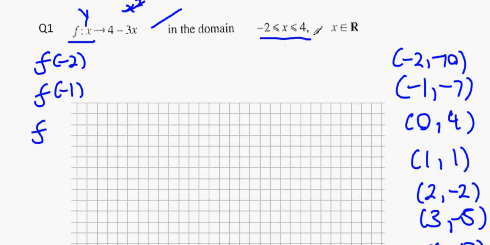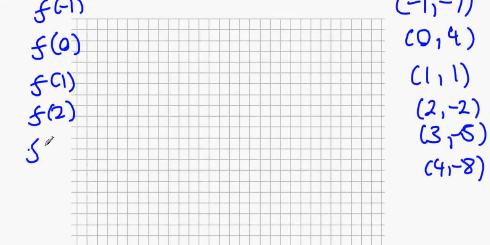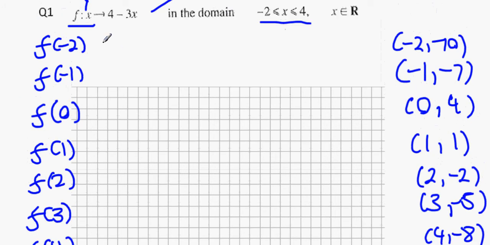These are the x values we're using, from minus 2 all the way to 4. So the first x value is minus 2, the second is minus 1, the third is 0, the fourth is 1, the fifth is 2, the sixth is 3, the seventh is 4. Now what we have to do with each one of these is write down our formula.